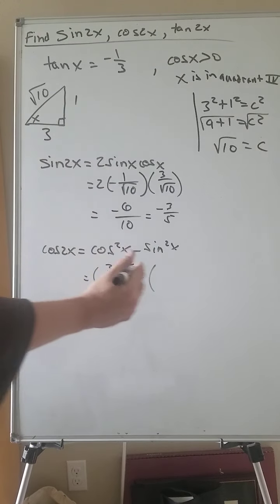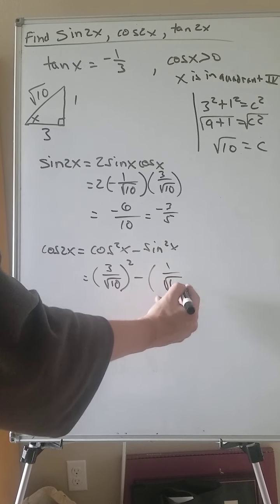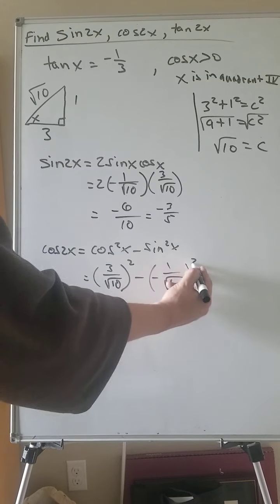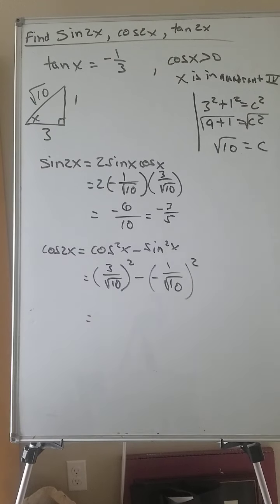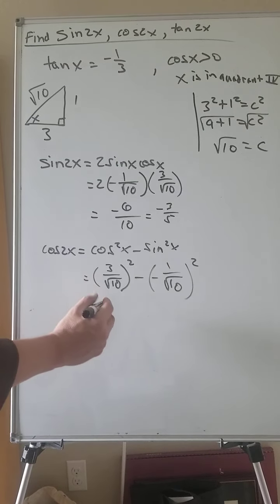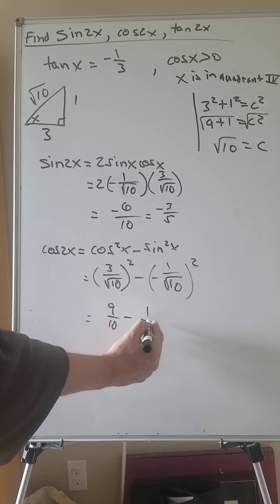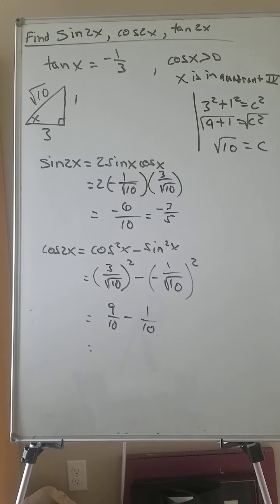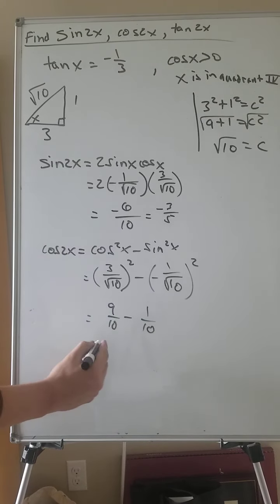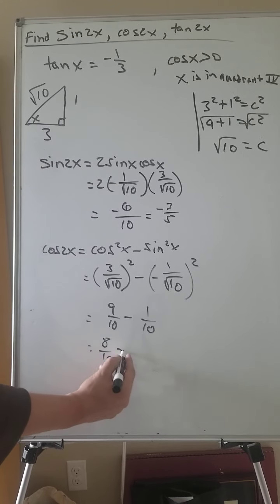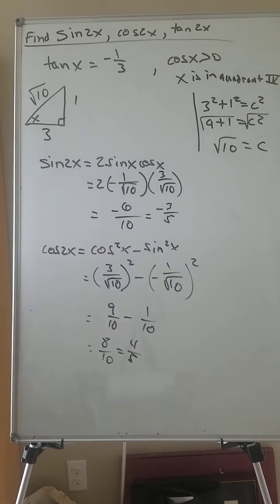It's 1 over the square root of 10. Quadrant 4 means it's negative, but that's being squared anyway, so ultimately that doesn't matter. So when I square this one, I get 9 over 10, minus when I square this one, I get 1 over 10. So 9 over 10 minus 1 over 10 is 8 over 10. And 8 over 10 reduces to 4/5.